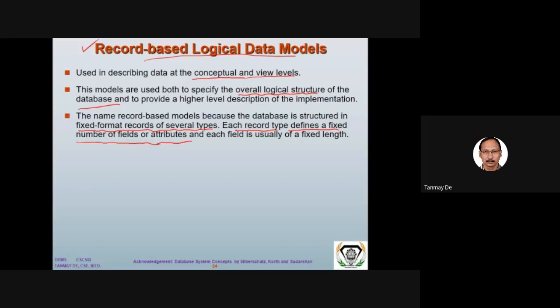Each field is usually fixed length or maybe variable length.